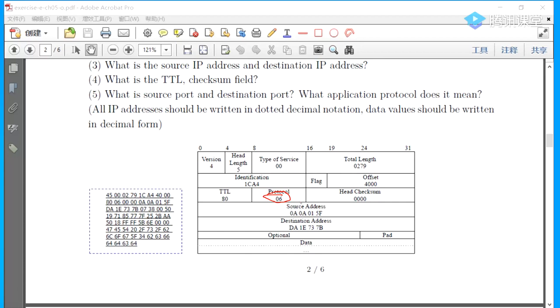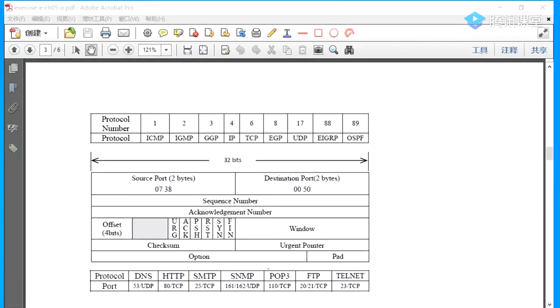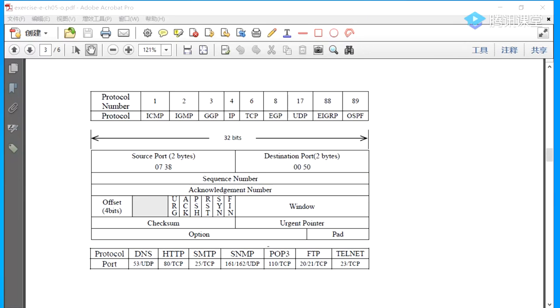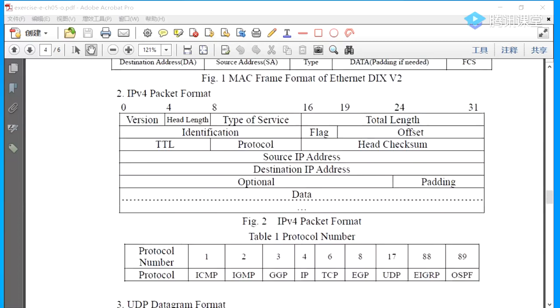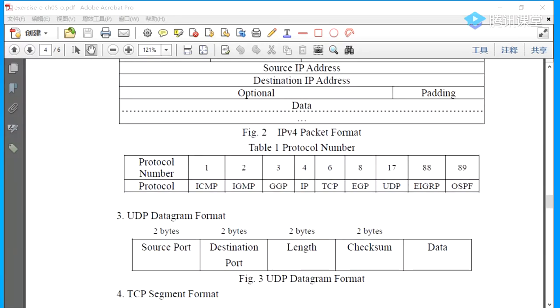It's a protocol field. So protocol 6, what does it mean? We look up the protocol number table. 6 means the TCP protocol.